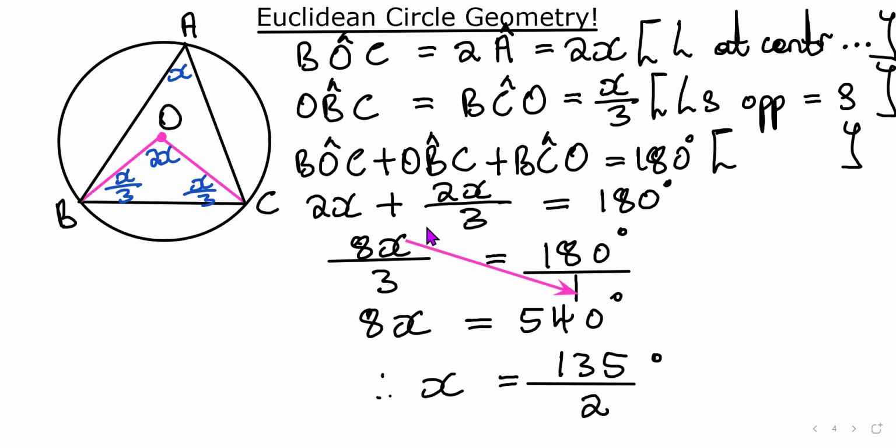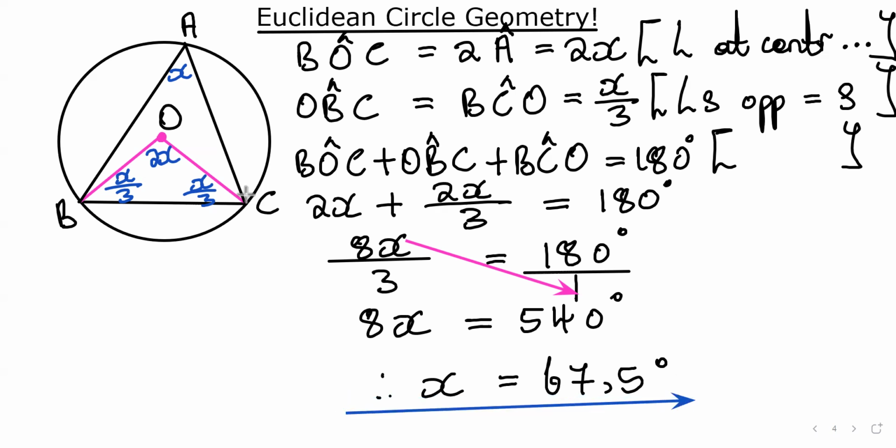Because remember, an angle is measured using a protractor. So you need to be practical and say it must be in decimal. I know in maths we like fractions, but in other cases, you really can't leave this as a fraction. Because what's the meaning of that?